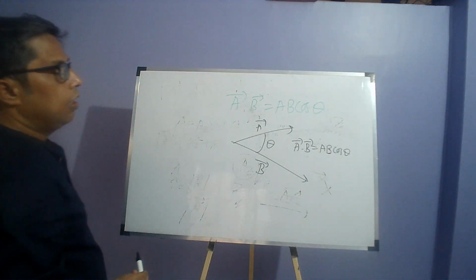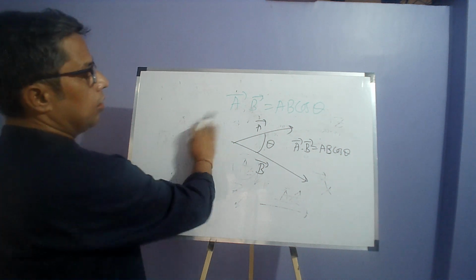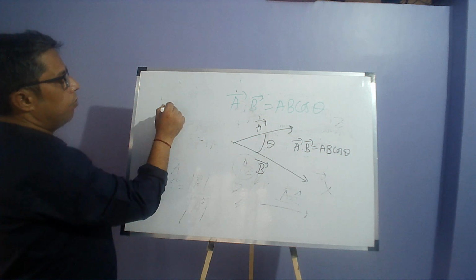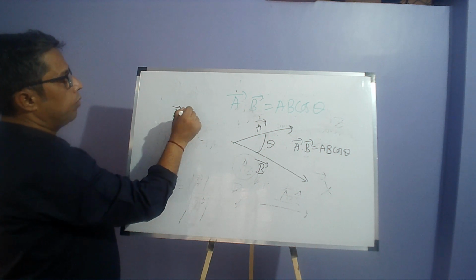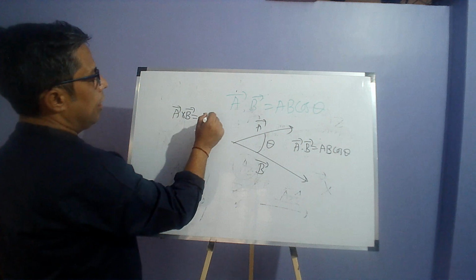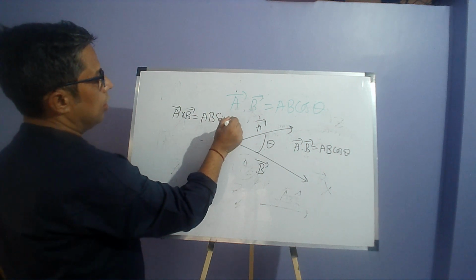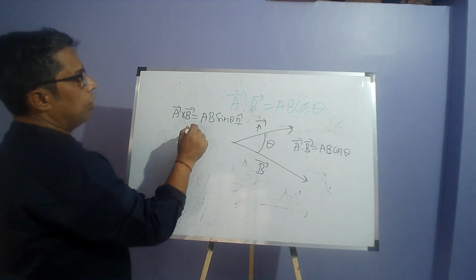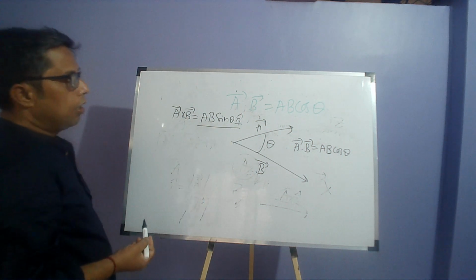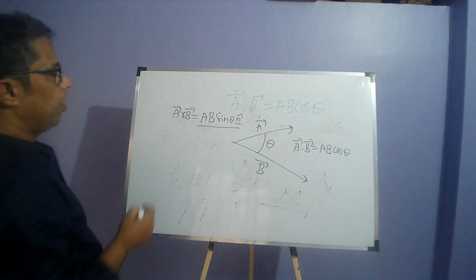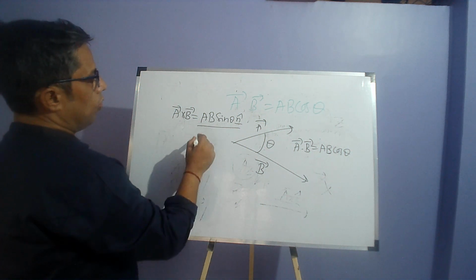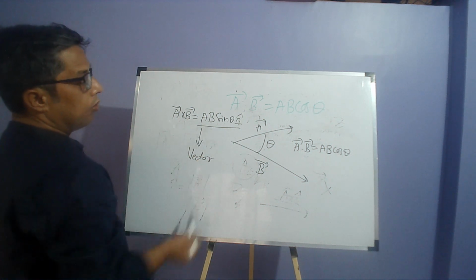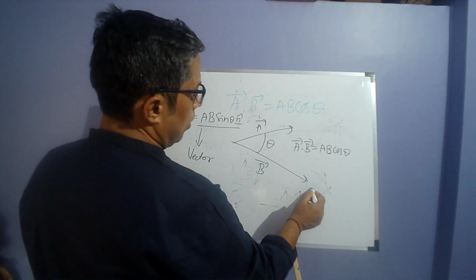Similarly, for the cross product, A vector cross B vector will be AB sin theta n cap. If you see this, the resultant vector will be along the perpendicular direction of the plane of A and B. Okay, so this will be the cross product. So the cross product will always be a vector, but the dot product will be a scalar.